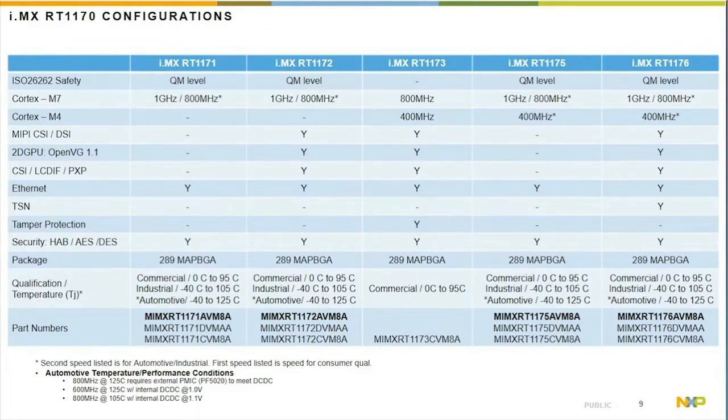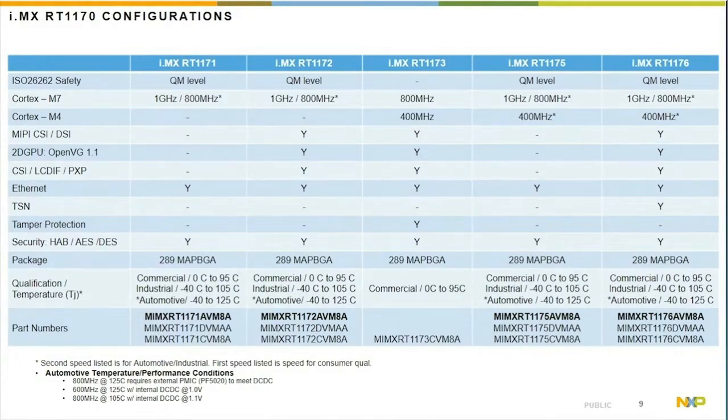The unique thing I mentioned earlier is that these are all quality managed to the ISO 26262 safety standard for automotive. The reason for the 2 different speeds is, like I mentioned earlier, there's a gigahertz speed for commercial and then 800 megahertz for automotive and industrial. It's important to point out that we do have an internal DC-DC control.